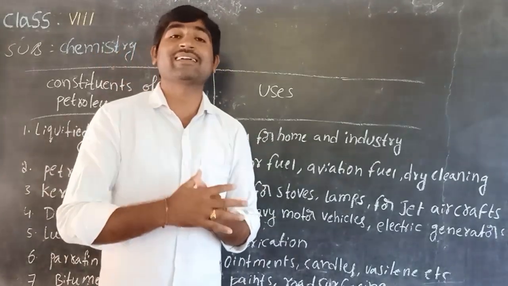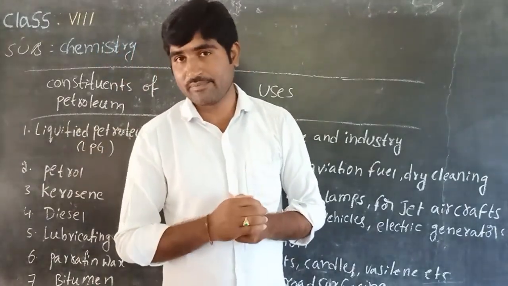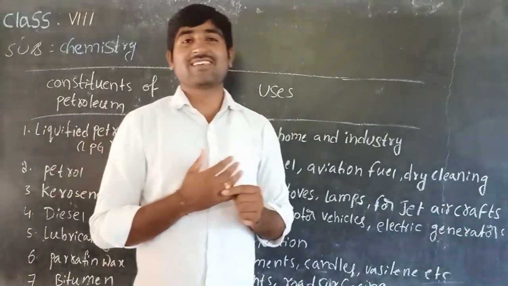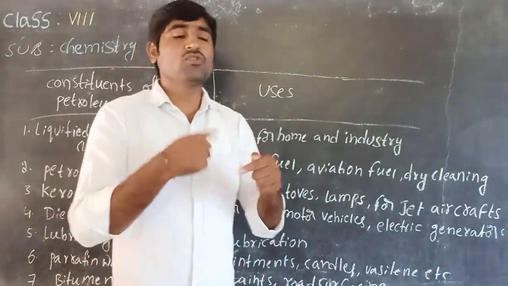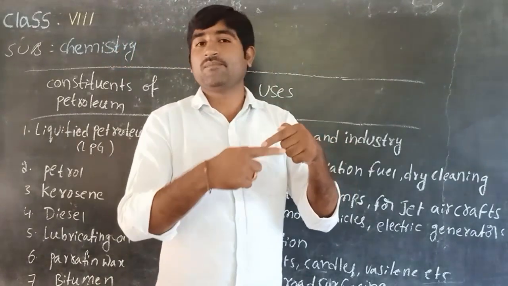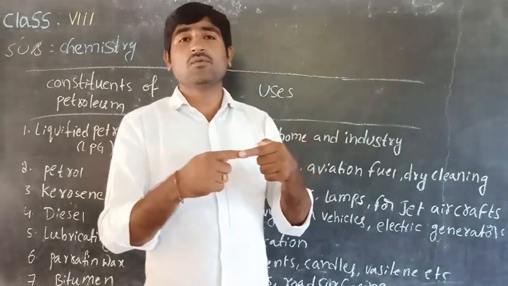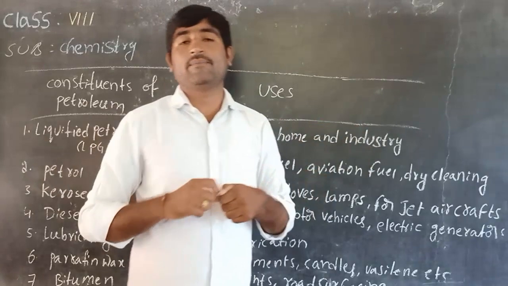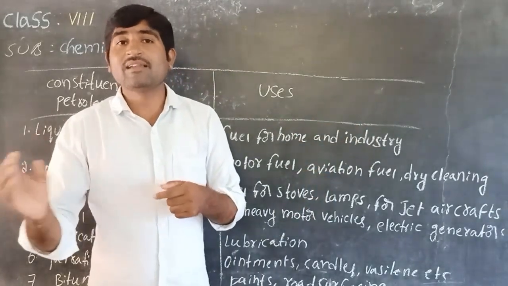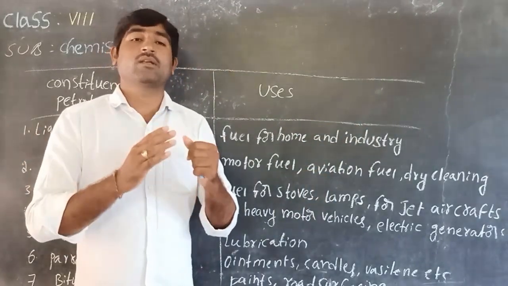Then the powder acts as a lubricant. Yes or no, children? For your bicycle, to move the chain very easily, very freely, we add some oil to the chain. Then the oil acts as a lubricant.